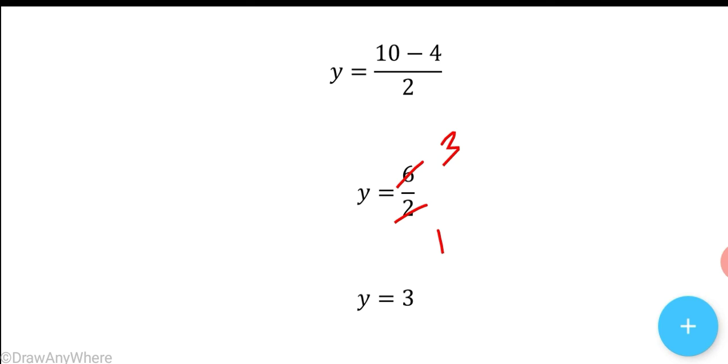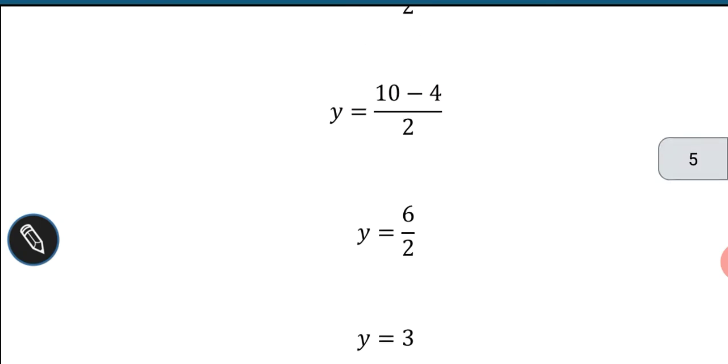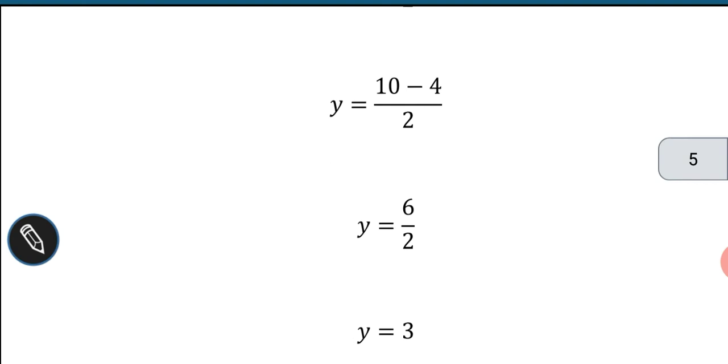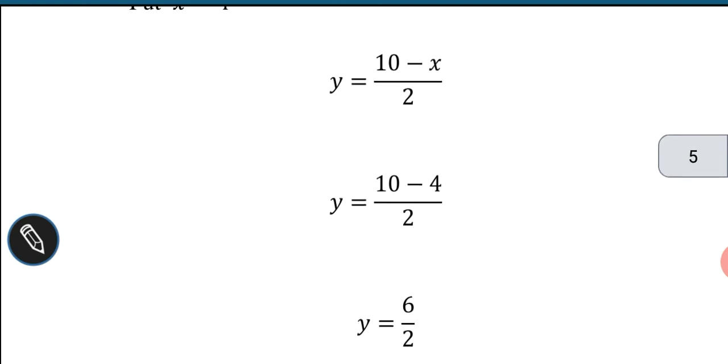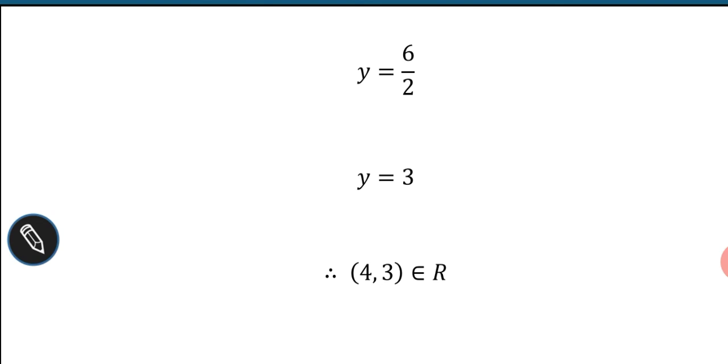So y is equal to 3. So (4, 3) is a relation. So 4 is related to 3, and we can write (4, 3) as a relation.